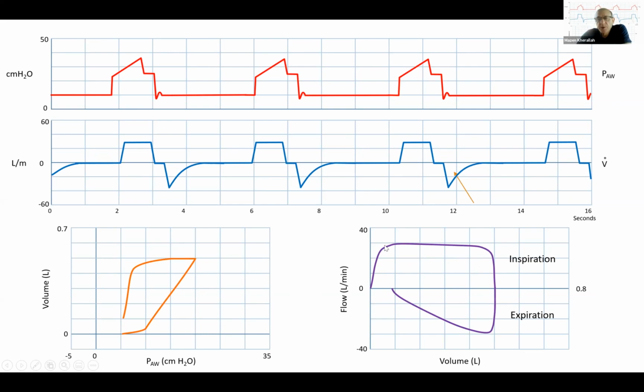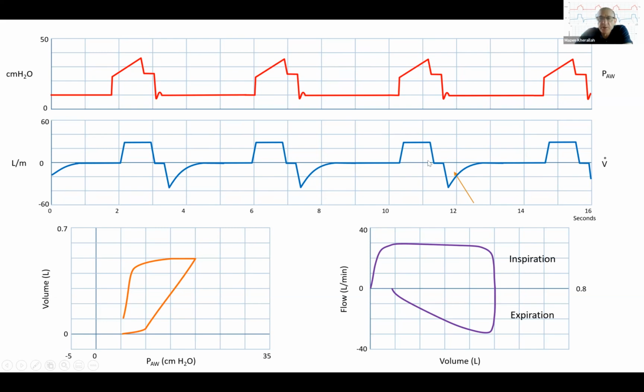You can see inspiration, similar to this one, and then hold here for the plateau duration, and then exhalation. What you see here, that we reach the zero line and we did not exhale everything. Why? Because there's some leaked air. And this is air leak in the system.